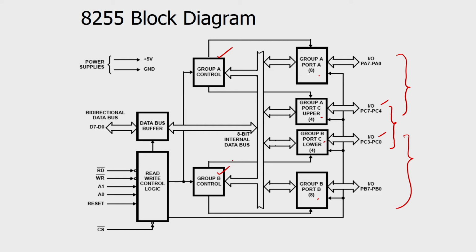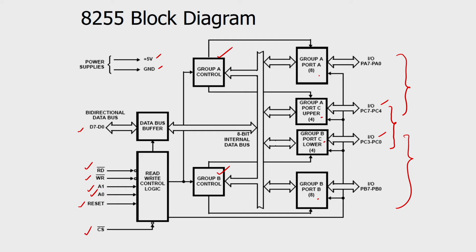Okay. And there is a data buffer, we have an 8-bit data bus, and then we have the read bar signal, write bar signal, A1, A0, which are used for selecting these ports. There is one reset signal, and the chip select bar signal. To select this particular chip, we require the chip select signal, and we require plus 5 volts and ground to operate this IC.